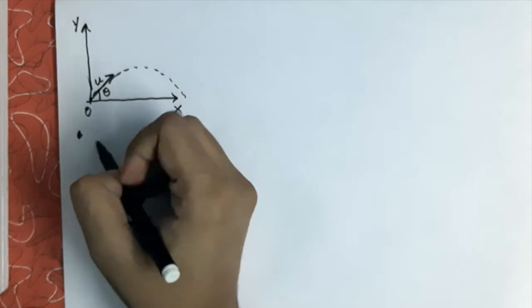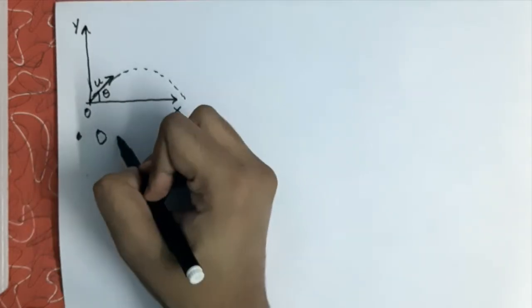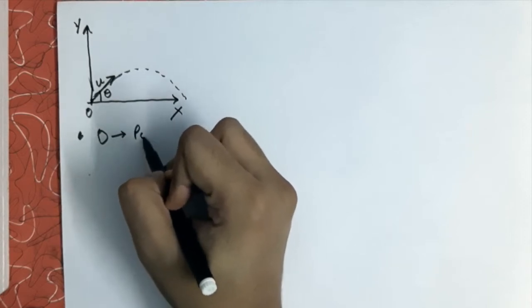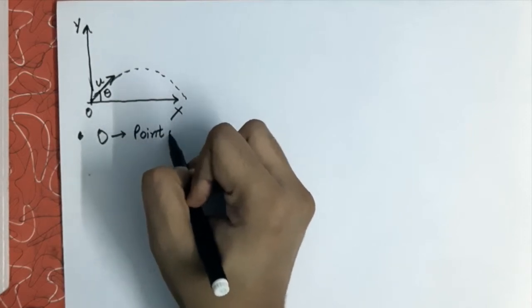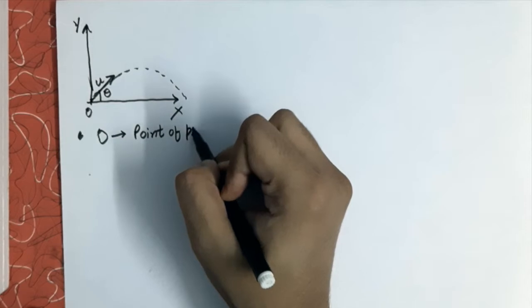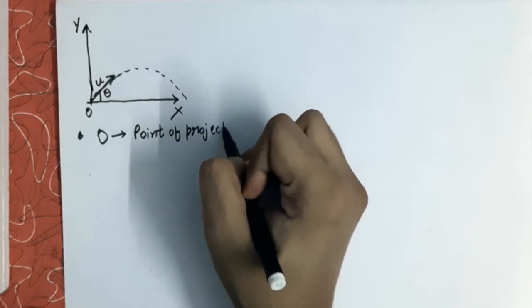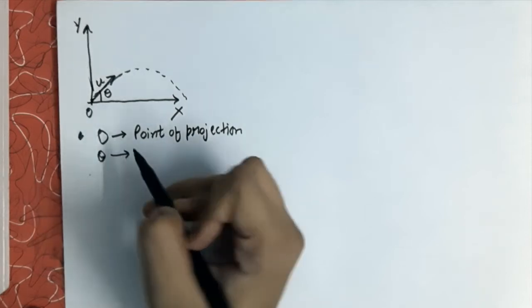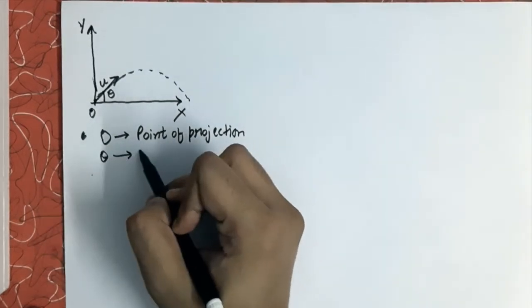O is known as the point of projection. Theta is known as the angle of projection.